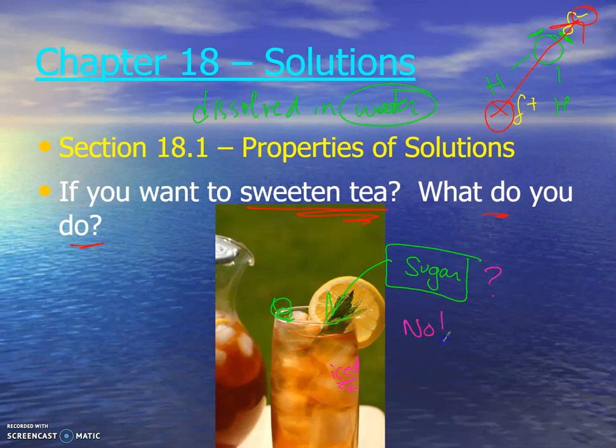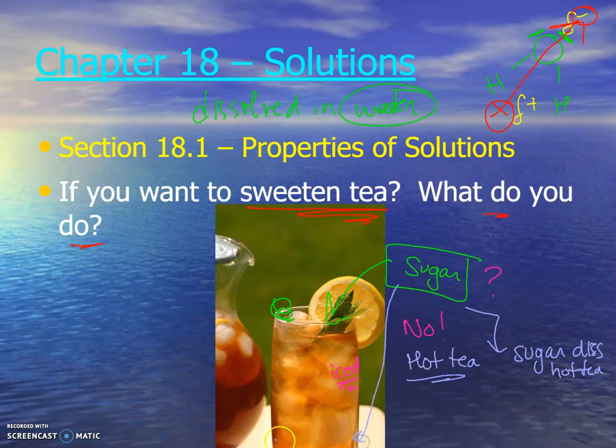The answer is no. If you make tea from scratch, like you actually brew the tea leaves, you have to sweeten it when it is hot tea because the sugar dissolves in the hot tea. If the sugar doesn't dissolve in the hot tea, it's not going to get sweet. So usually the sugar all sticks to the bottom of the container, and if you're drinking it with a straw, you suck up the granulated sugar and it doesn't work.